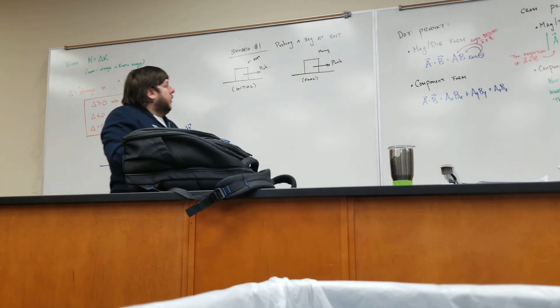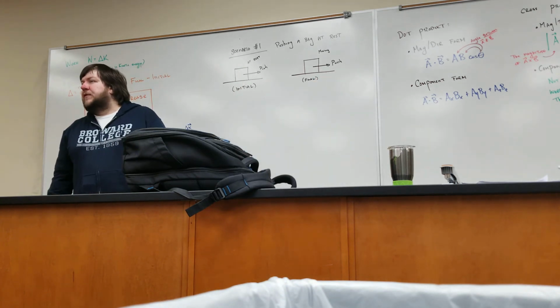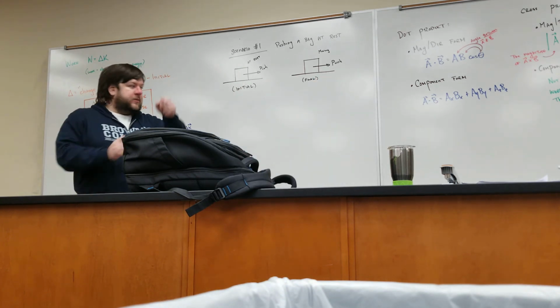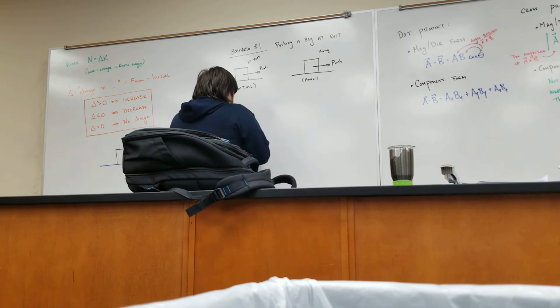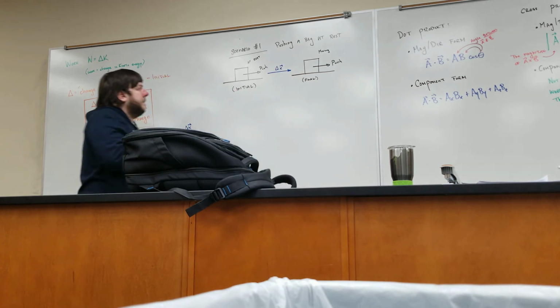So we already know the direction of the push, it's to the right. What's the direction that the bag moved in? To the right, it moved to the right. So its direction of motion is to the right.